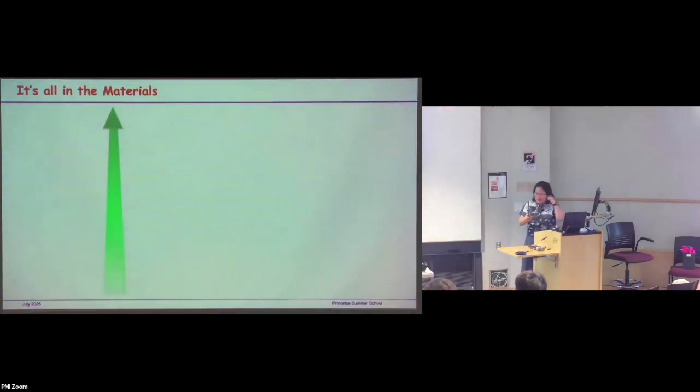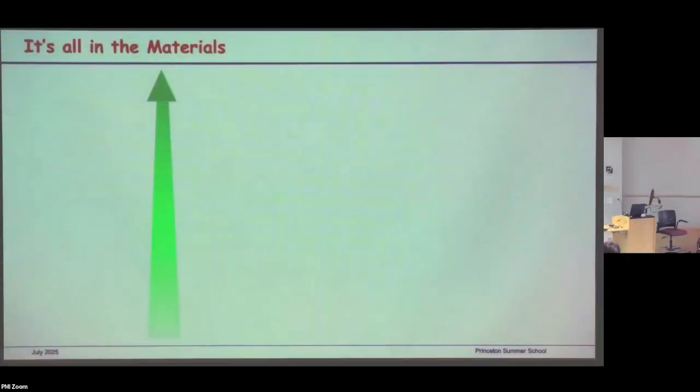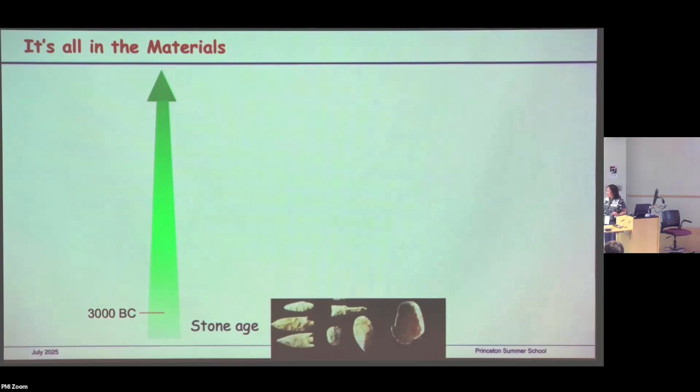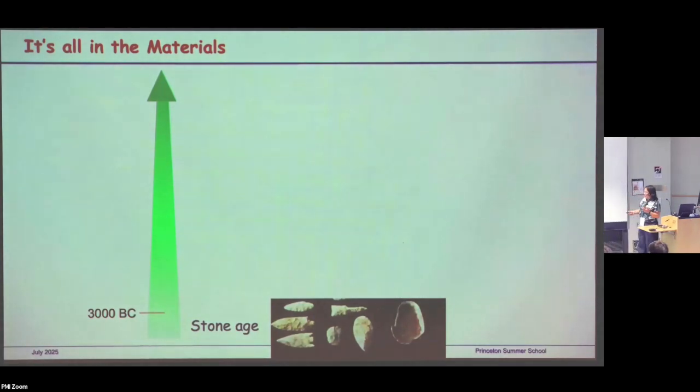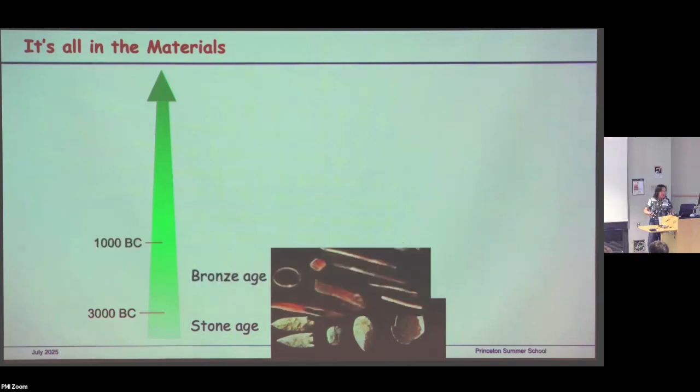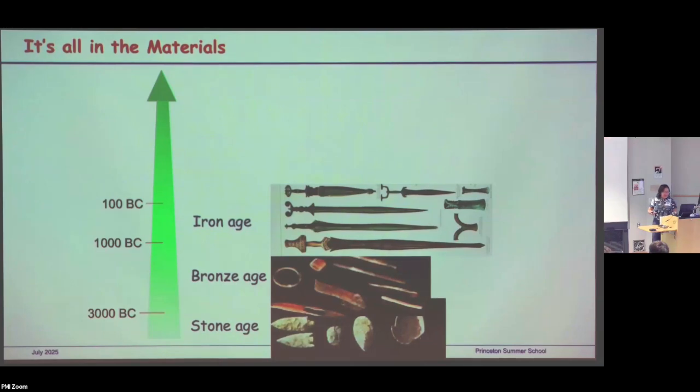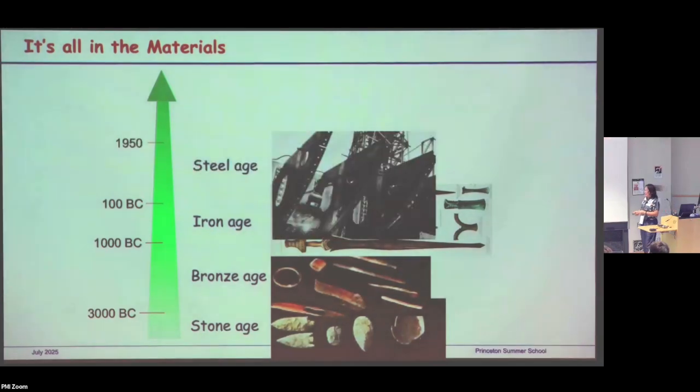So, the materials, right? We are in the business of materials, condensed matter. Do we start with materials? Very long time ago, we started with the Stone Age, and then we went to the Bronze Age, and then the Iron Age, and then we had the Industrial Revolution.